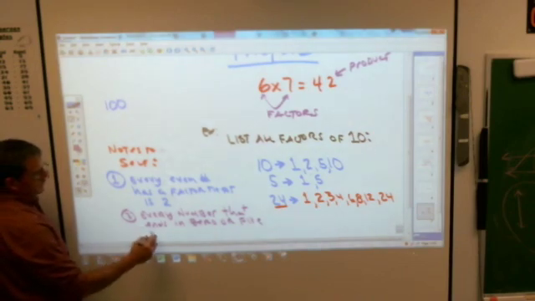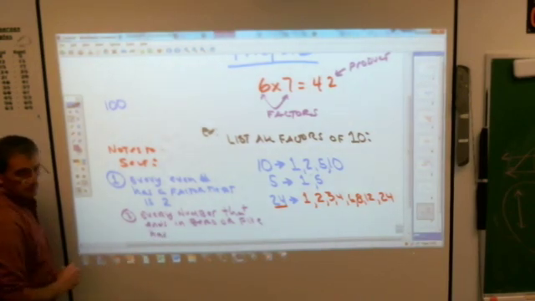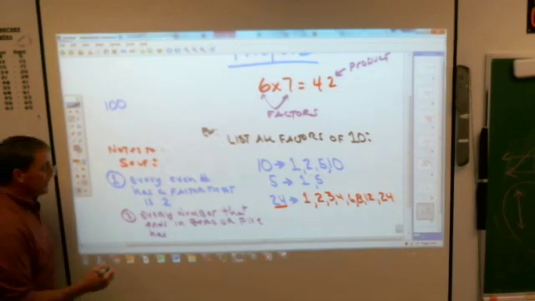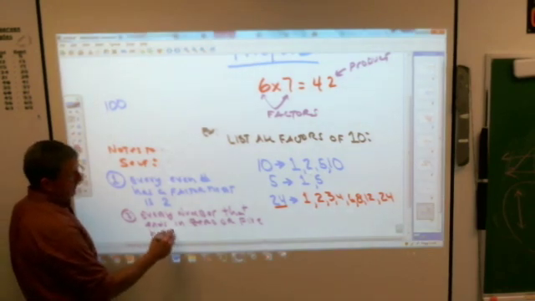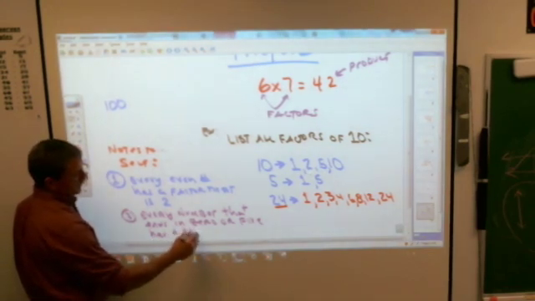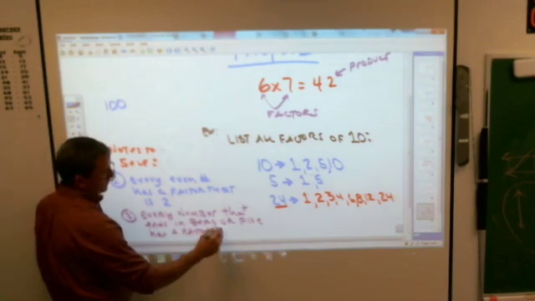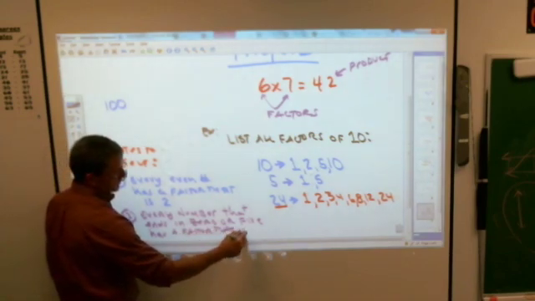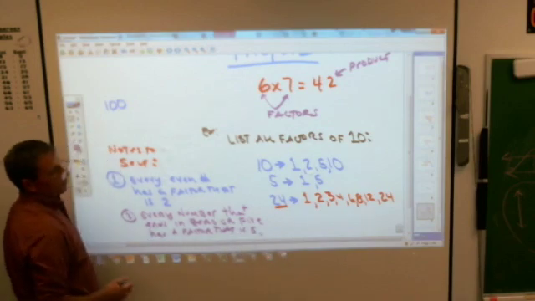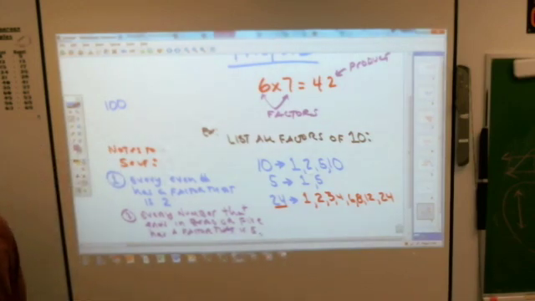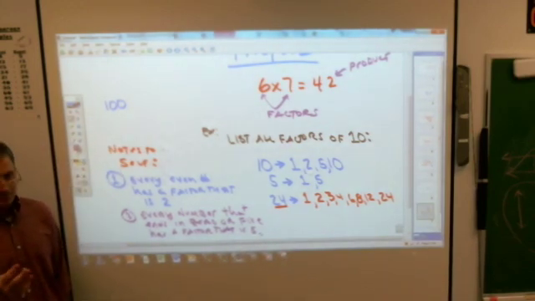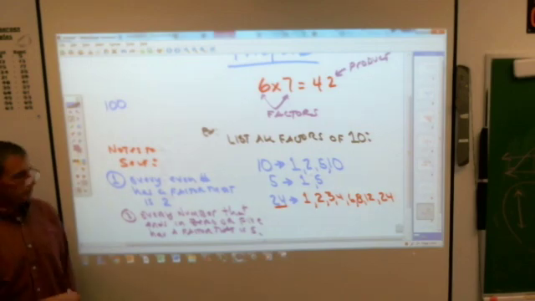Anybody know what I'm gonna say next? Yeah, has 5 as a factor. Has a factor that is 5. Why? Because when you multiply numbers by 5, you either get a 0 or a 5. 5 times 6 is 30, but 5 times 7 is 35.